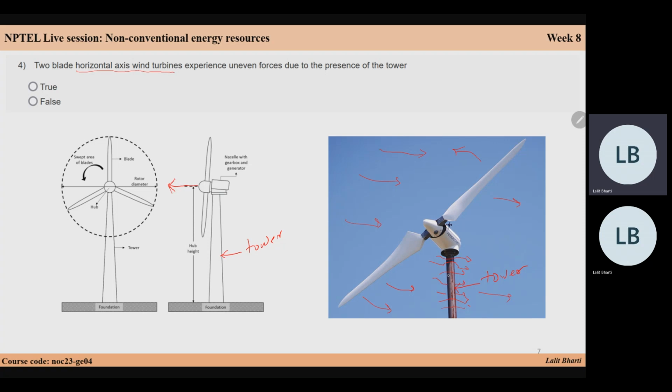That is the main disadvantage of this two blade type system with horizontal alignment. That is why, to mitigate this kind of situation, vertical windmills can be used. So this statement is true: yes, we face some uneven forces due to the presence of the tower.